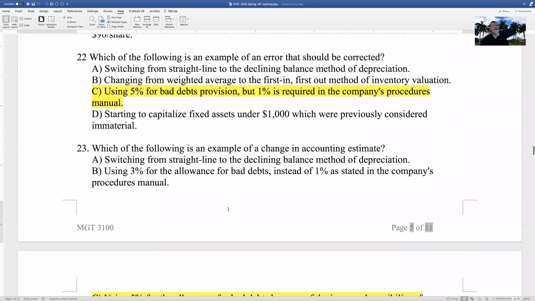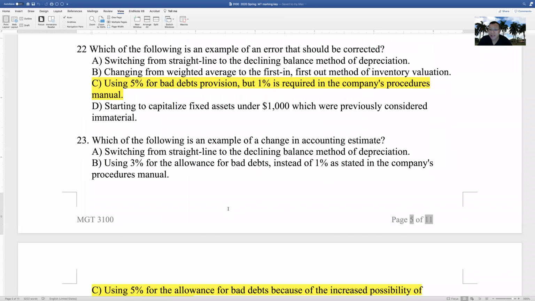Question 22. Which of the following is an example of an error that should be corrected? The answer is C. If the company's procedure manuals want you to use 1%, but you use 5%, that's an error you made. You should have known better. It is 1%, not 5%. So this is the error.